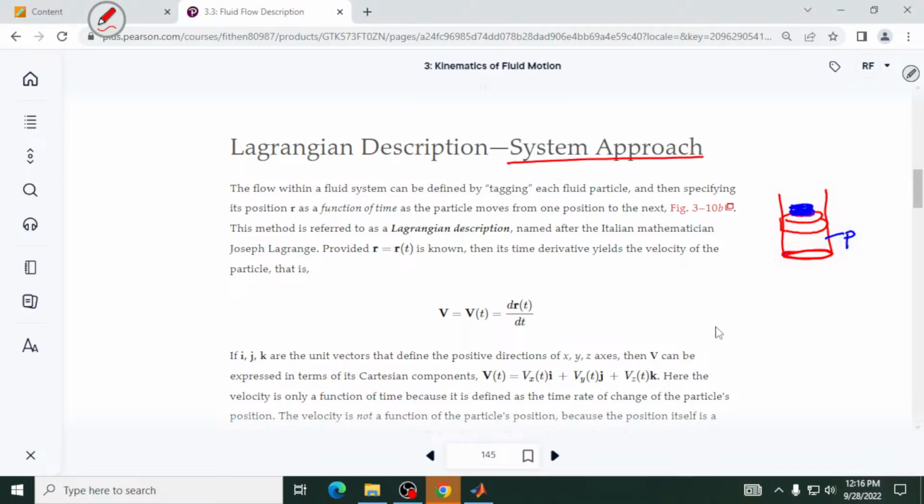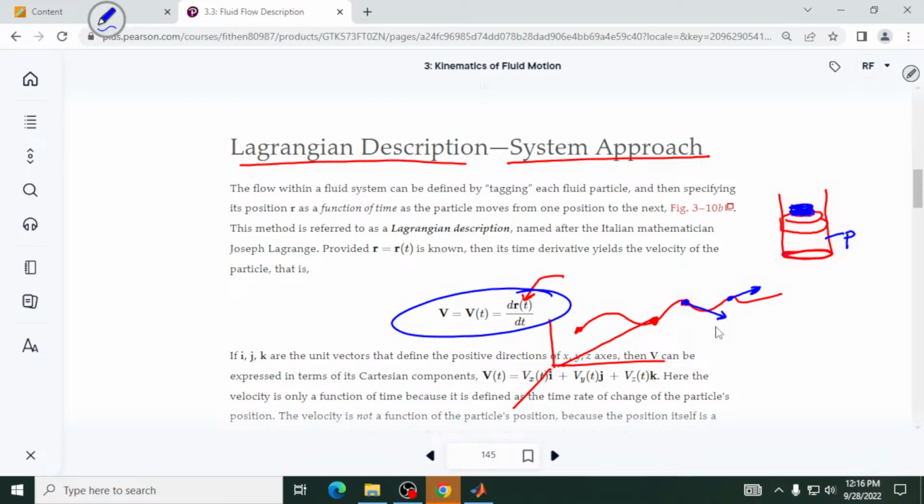in a system approach, you're tracking the particle. In other words, the position of a particle going through flow is known as a function of time, and only a function of time. So if you want to find the acceleration, you first could find the velocity by doing this, and then you could find the acceleration by doing that.